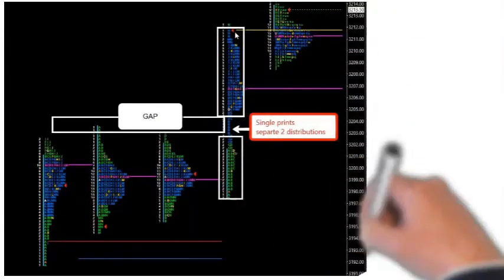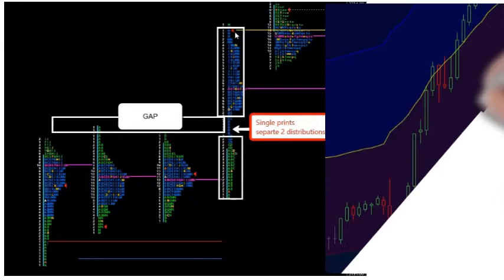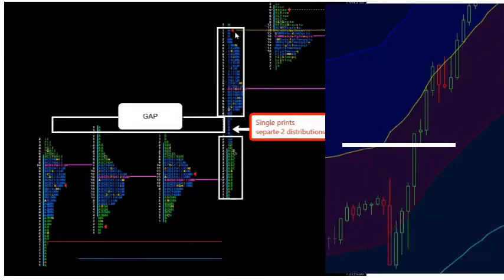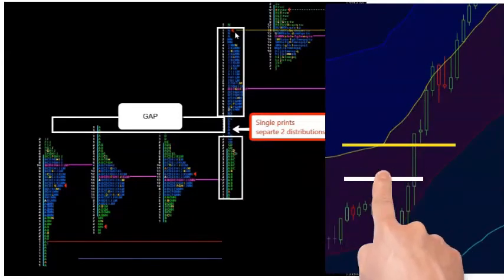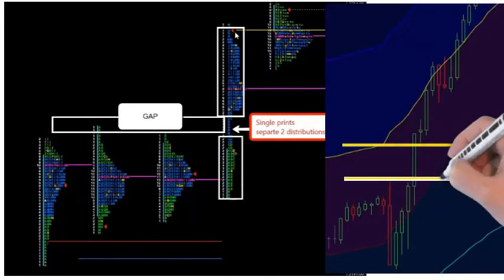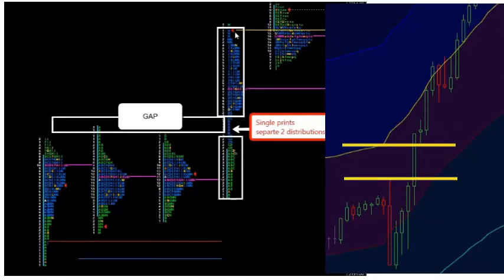So now let's transfer to the charts and see what it looks like and explain the concept here. So I have a market profile chart and a candlestick chart. And as you can see right there on the left, we'll start with the market profile chart, where you have those single prints that separate the two distributions, right?